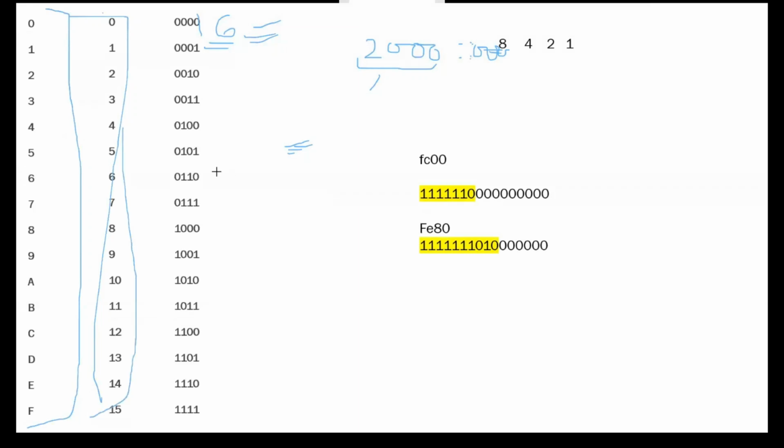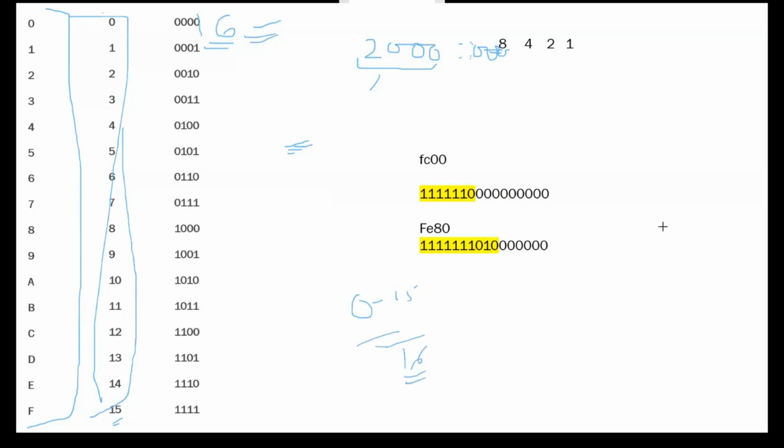The rule to convert from binary to decimal or decimal to binary is, firstly you have to check the maximum value. There 15 is the maximum. 0 to 15 means we have only 16 digits.